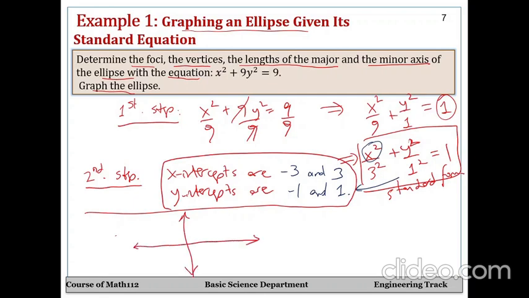When you draw the ellipse, the x-intercepts are 3 and -3, and the y-intercepts are 1 and -1. So it will be something like this. As you see, 3 is bigger than 1. So where are the foci? The first focus, F1, and the second focus has to be somewhere here. And the major axis is this one here.